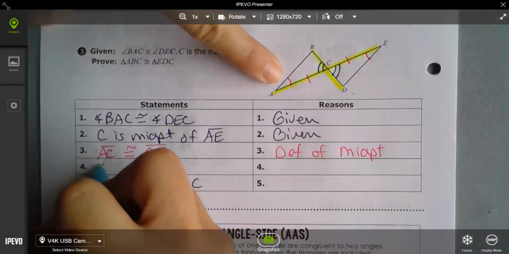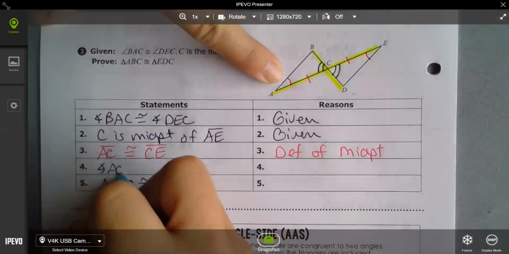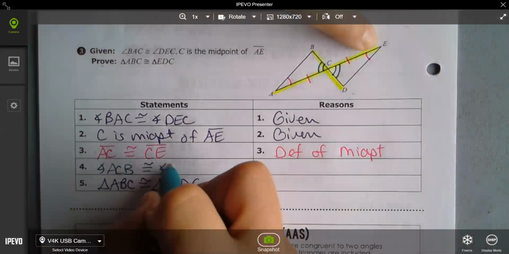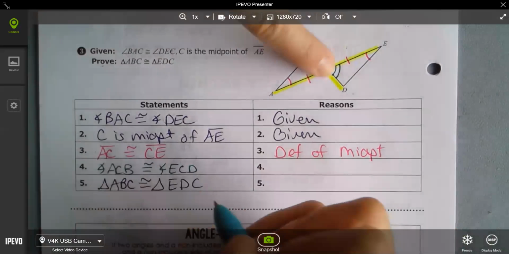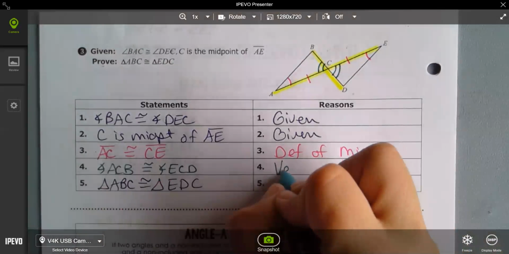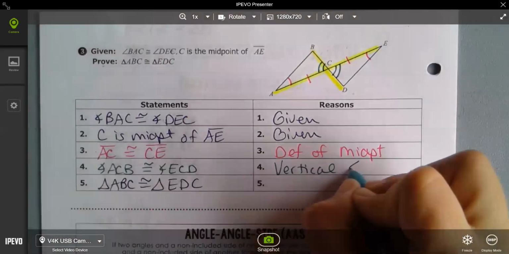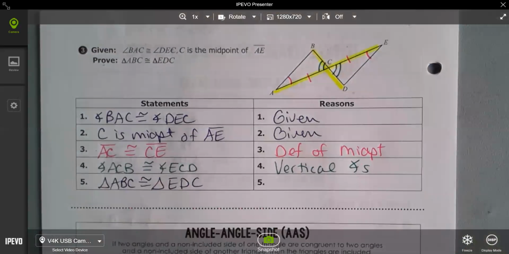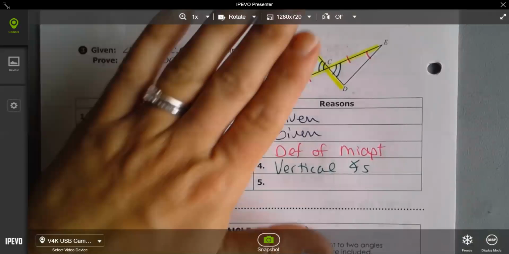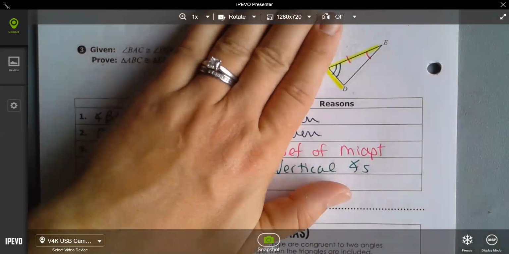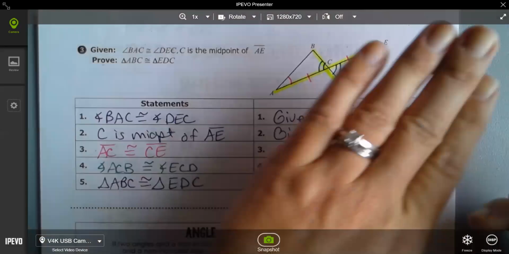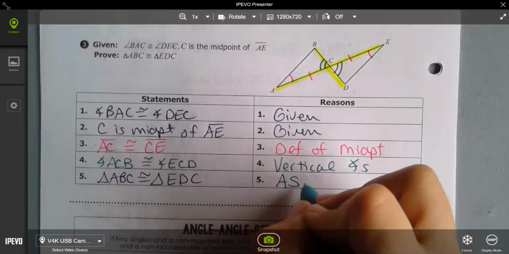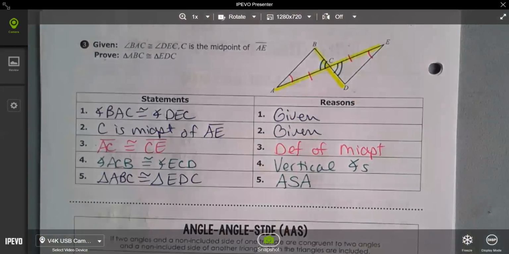So I'm going to call that angle ACB congruent to angle ECD, and those are vertical angles. All right, now if I cover up a triangle, what do we got? Angle, side, angle, angle, side, angle, angle, side, angle.